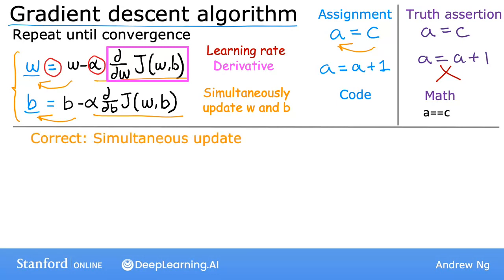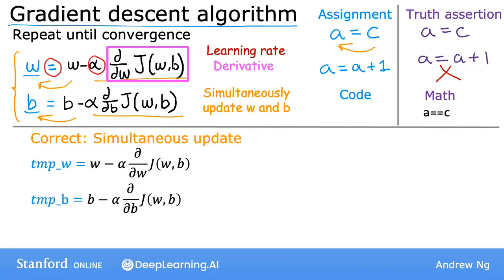Here's the correct way to implement gradient descent, which does a simultaneous update. This sets a variable temp w equal to that expression, which is w minus that term here. Let's also set another variable, temp b, to that, which is b minus that term. So you compute both right-hand sides, both updates, and store them into variables temp w and temp b.